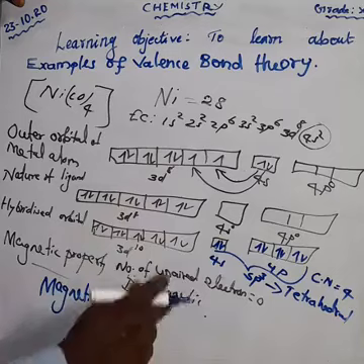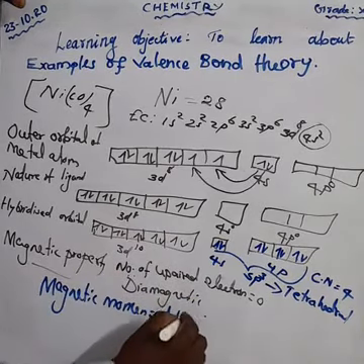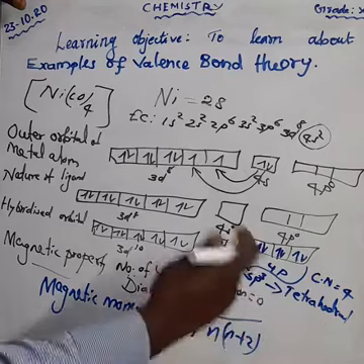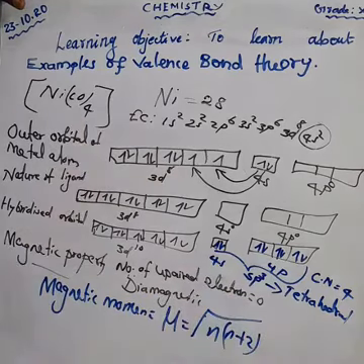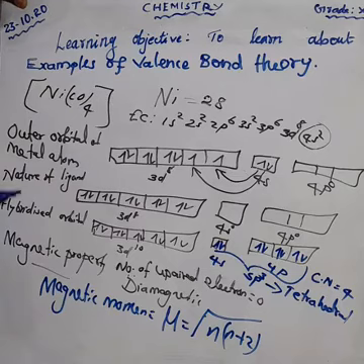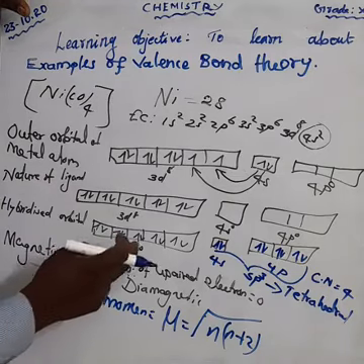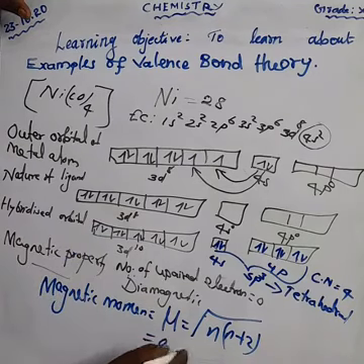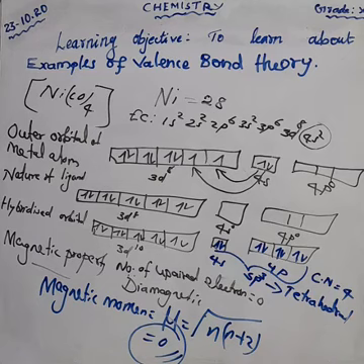That is one formula: mu equals root of n(n+2) Bohr magneton. Here n is the number of unpaired electrons. So unpaired electrons is 0, and we get mu equal to 0. Then the magnetic moment uses the formula mu equals mu s.